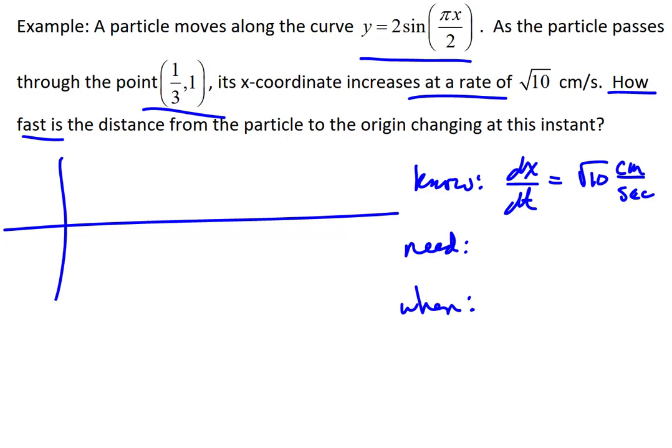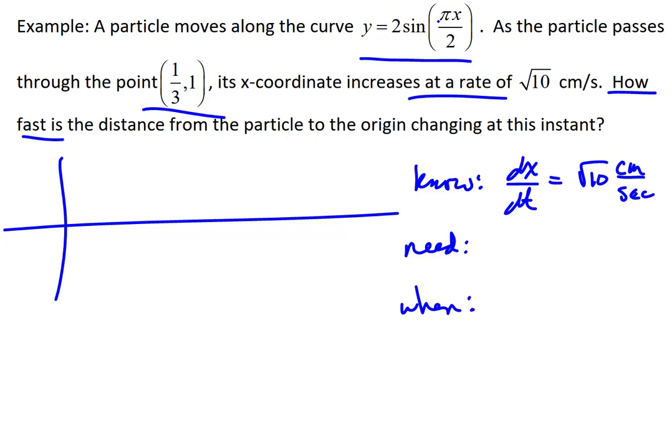Now we also know, as given here, that this particle is moving along a familiar curve. This is 2 sine of pi x over 2. Now you're going to have to bring a little bit of trigonometry back to understand what the basic shape of this function should look like on a graph, because this is going to be our diagram. You'll recall that the 2 in front of the sine function just changes the amplitude. It stretches the graph vertically.